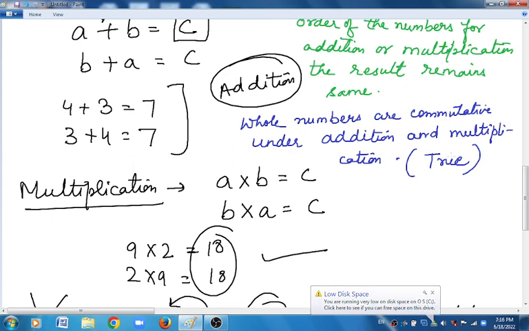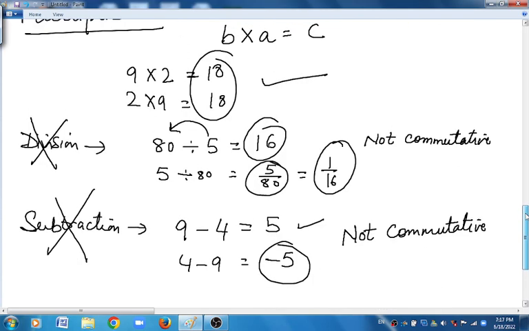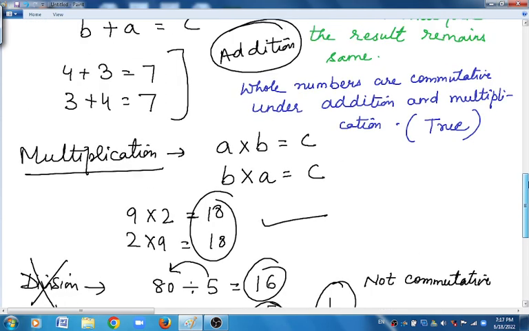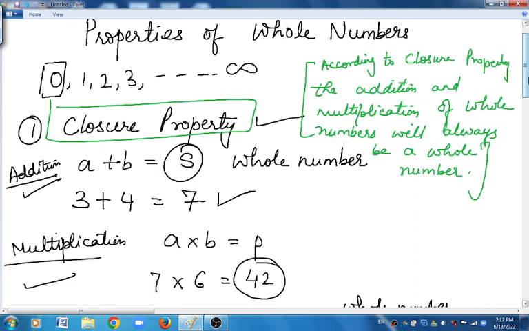But it is not commutative for division and subtraction. I hope you have understood these two properties.